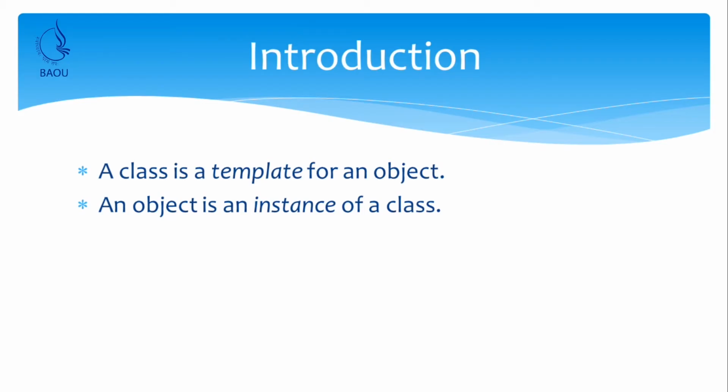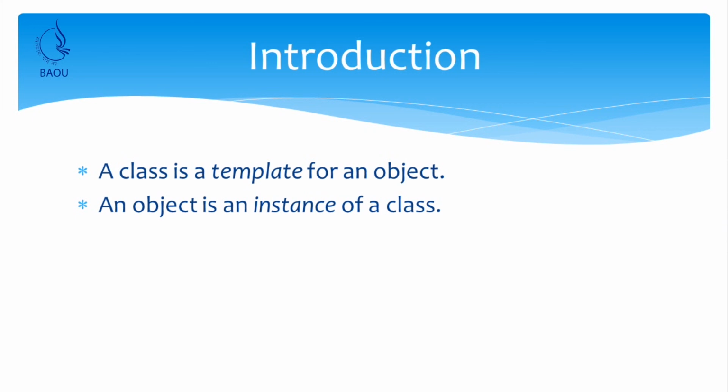So, let us start. As discussed earlier, a class is a template for an object. Now, we can say a fruit is a class and mango, banana, apple, pineapple, etc. are examples of fruits. So, we can say a class is a generic name given to different types of similar objects, while object is an instance of class.